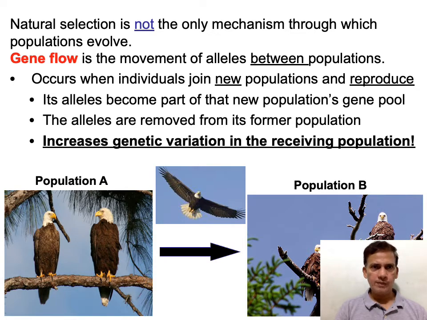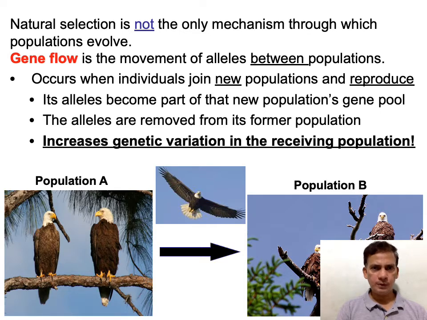Gene flow is one of the parameters. Gene flow is the movement of alleles between two different populations. If there is exchange of genetic material, or movement of alleles between two different populations, that may also lead to natural selection.